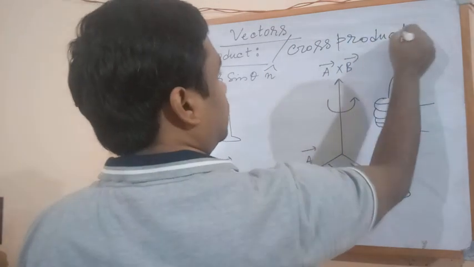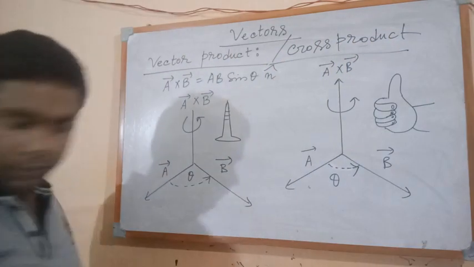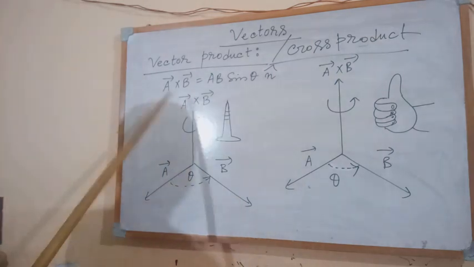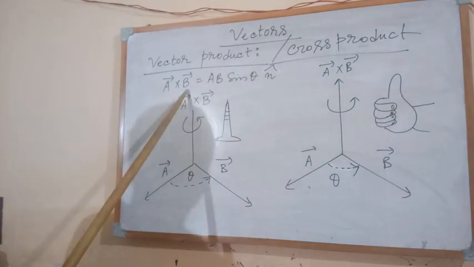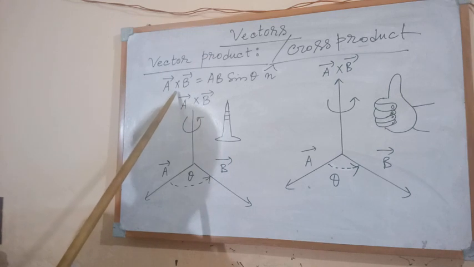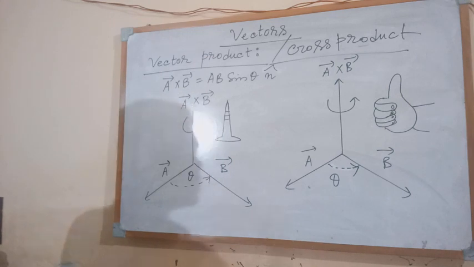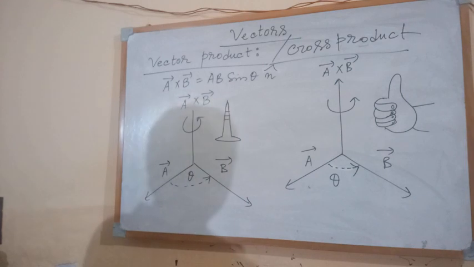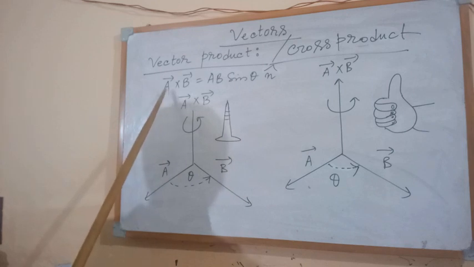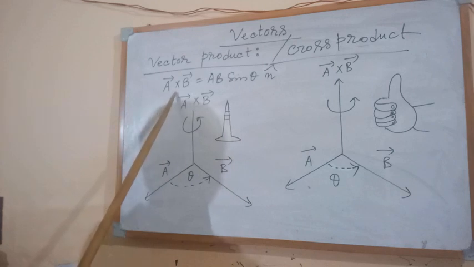and you have to see on the board, here A vector and B vector are taken, and in between them a cross is taken. In the case of dot product, we took a dot between A vector and B vector, but instead of that a cross sign is taken between A vector and B vector.